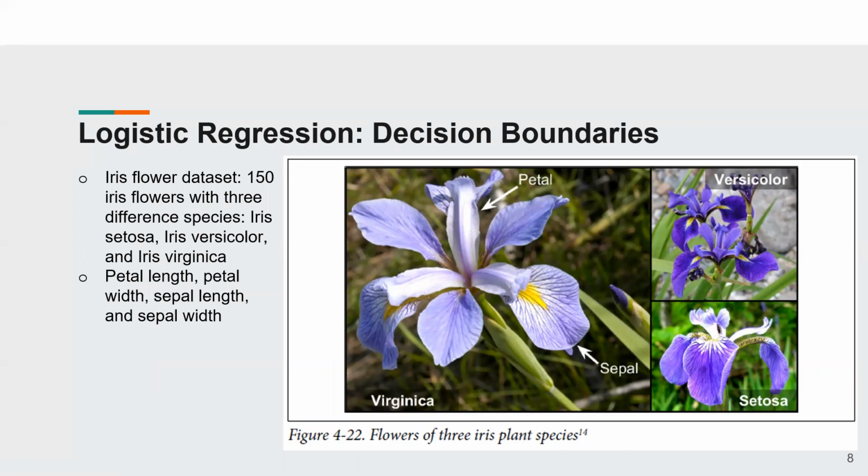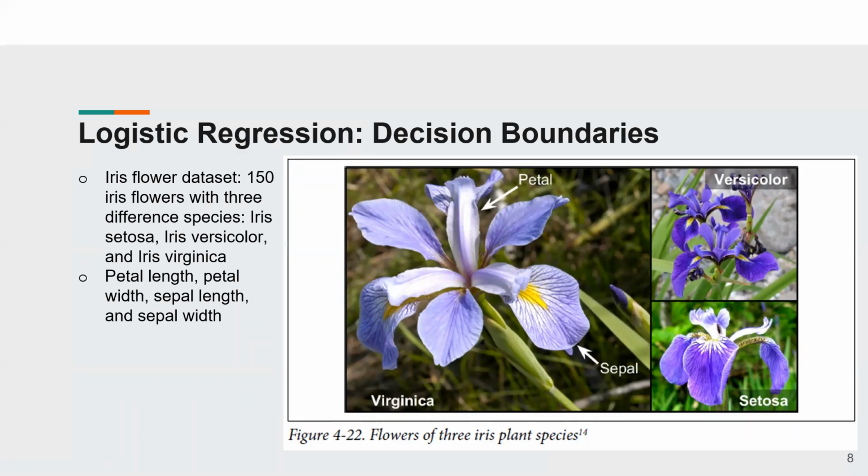Let's introduce another dataset. This dataset is called the iris flower dataset. It's something that we're going to use throughout the rest of the learning journey of machine learning, so you should know it. It's 150 iris flowers with 3 different species. One of them is called iris setosa, the other one is called iris versicolor, and the third one is called iris virginica.